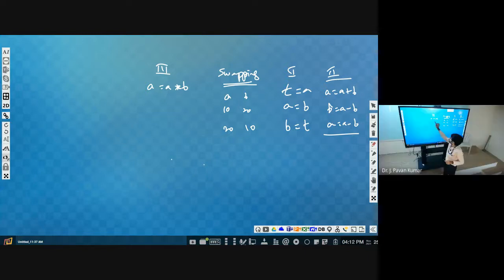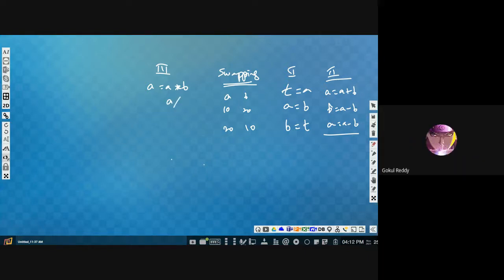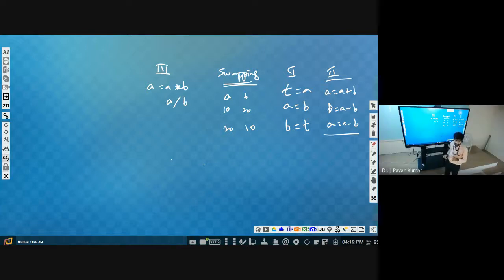Now you divide A with B. A by B, what is the B value? 20. 200 by 20, 10. Where do we have to store that? That 10 we have to store in B. So we assign to B. Next, from A only we will retrieve A by B, that is 200 by 10, that is 20. That we have to store in A. So A is equal to A by B. Here also we are not using a third variable, and we could swap.